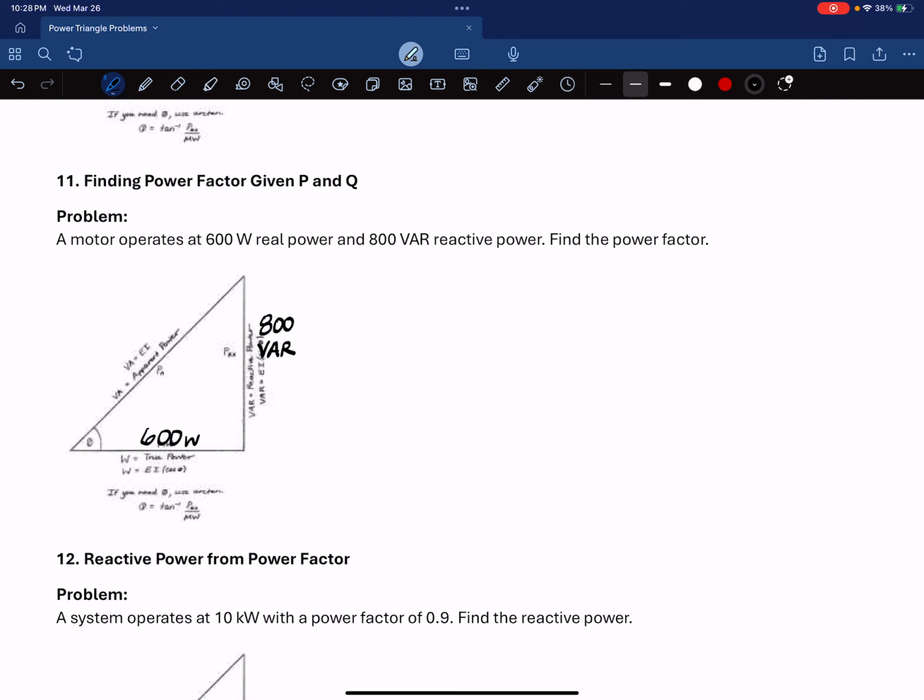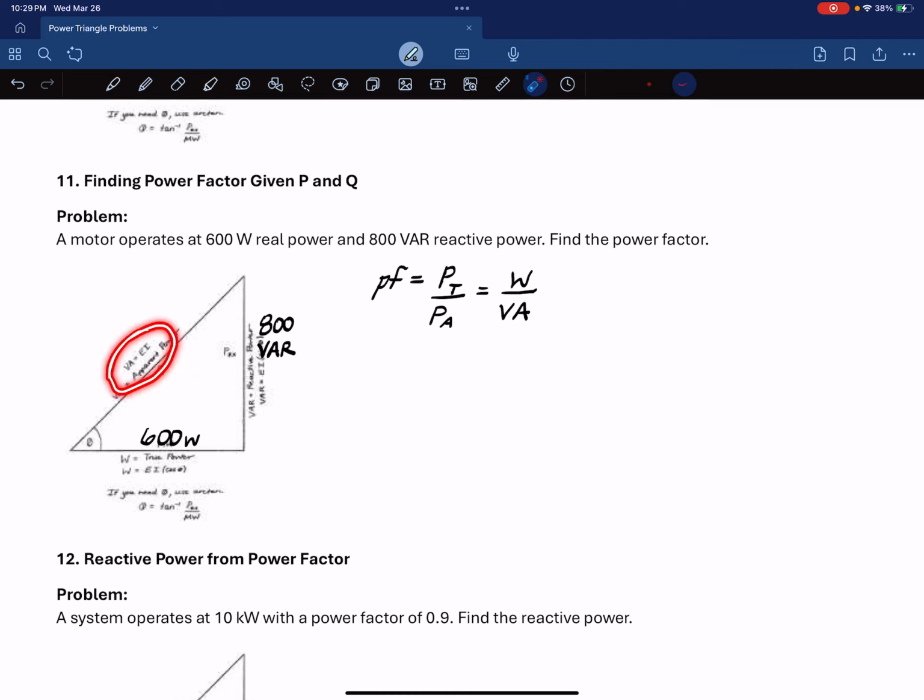Find the power factor. So let's put power factor on here. We don't know the decimal, but we do know that power factor can be found by dividing true power by apparent power. Or for us, that's W divided by VA.